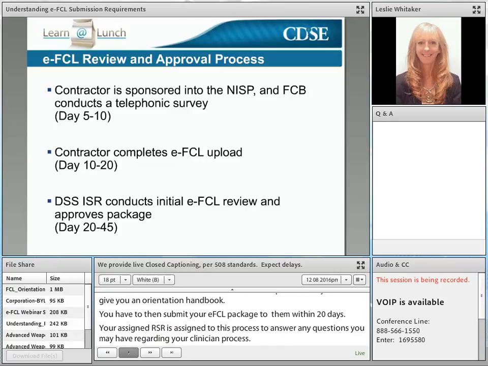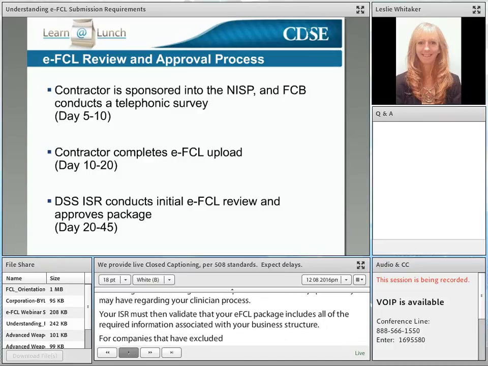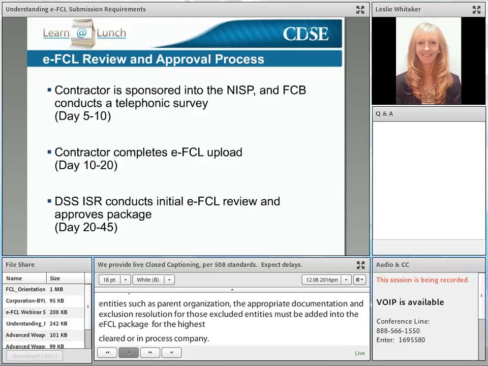For companies that have excluded entities, such as parent organizations, the appropriate documentation and exclusion resolutions for those excluded entities must be added into the eFCL package for the highest cleared or in-process company. Your ISR will then submit your eFCL package to the Business Analysis Unit, the BAU, for a Foreign Ownership Control or Influence Assessment.